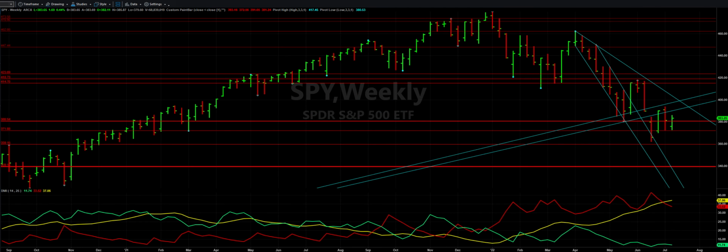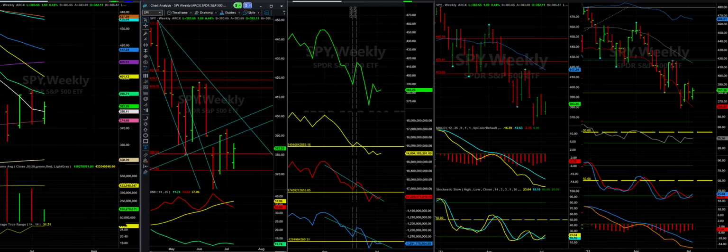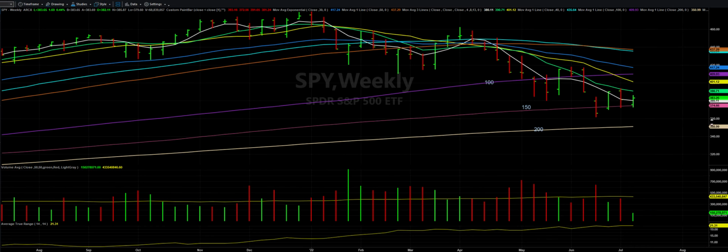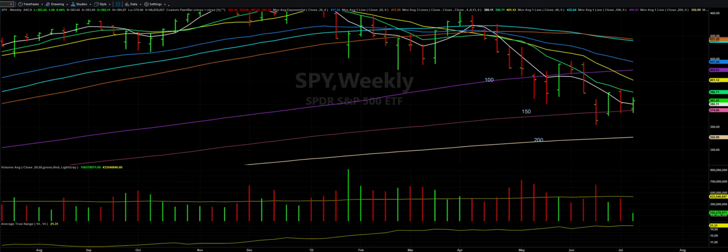Let's look at the weekly moving averages for the Standard & Poor's. You see that overhead 8-week moving average? We found support just like the DIA. We found support at the 150-week moving average right here. We bounced. Okay, we got above the downward trending 4-week. We got above the downward trending 8-week.